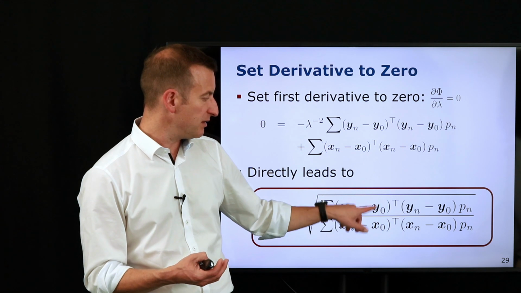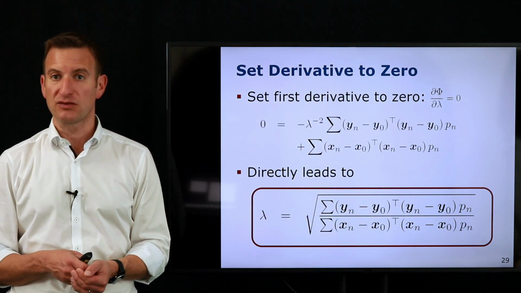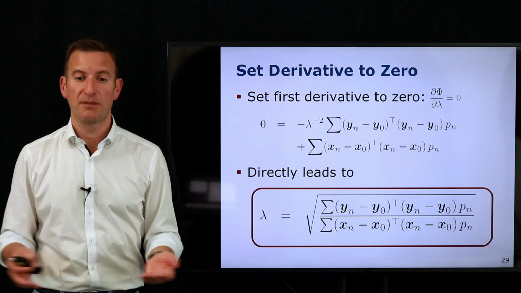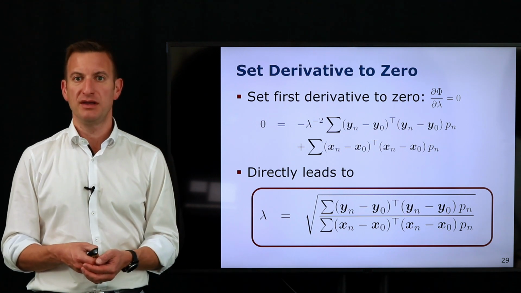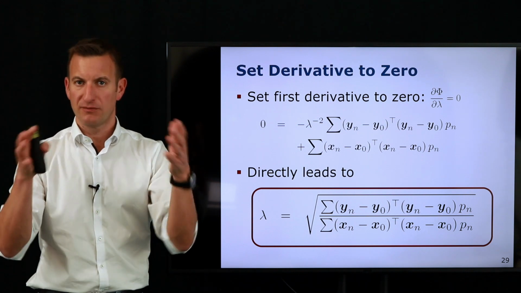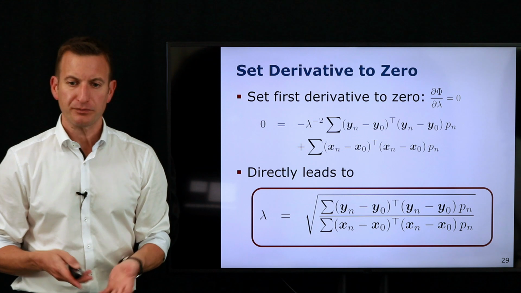We need to compute the mean or weighted mean of those point sets, and then the rest can be computed in a straightforward fashion. So with this simple equation, we can directly obtain the scale parameter, so the difference in scale between our photogrammetric model, for example, and the object reference frame.